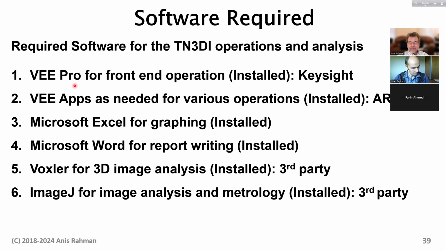HP then split into Agilent, and then Agilent had that software, and now Agilent has split into Keysight and Agilent. So Keysight deals with this kind of software as well as some hardware, digitizers, all of those. So we exclusively use this platform.